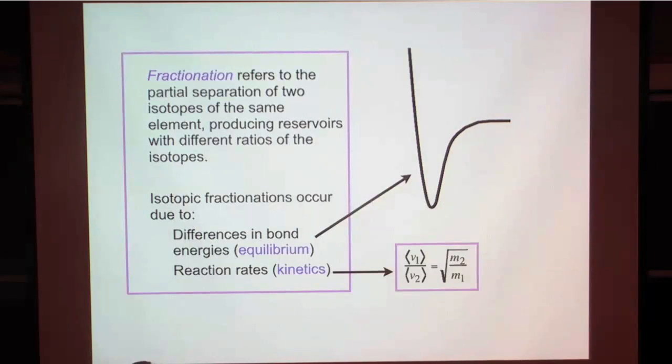What does fractionation mean? Every time you hear an isotope geochemistry talk, you're always told a fractionation between different minerals, right? A fractionation simply means the partial separation of two isotopes of the same element into different reservoirs. Stable isotopes are the same always in terms of their abundances. They don't change like radiogenic isotopes do, right?